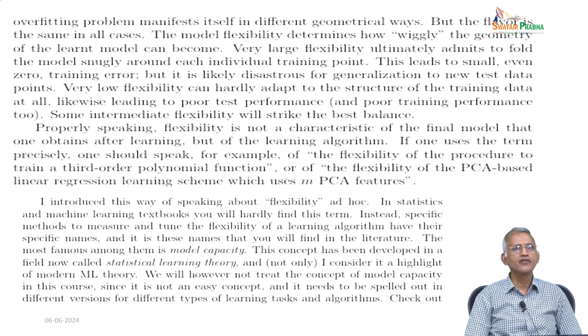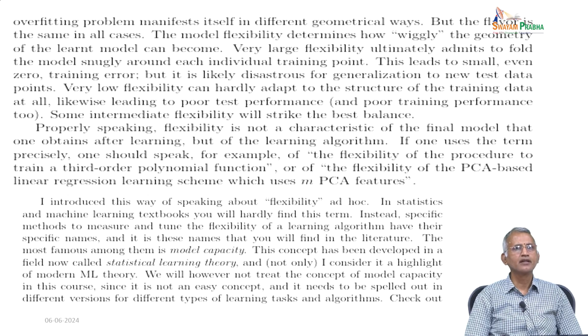Very large flexibility ultimately admits folding the model snugly around each individual training point. This leads to small, even 0 training error, but it is likely disastrous for generalization to new test data points. Very low flexibility can hardly adapt to the structure of the training data at all, likewise leading to poor test performance.